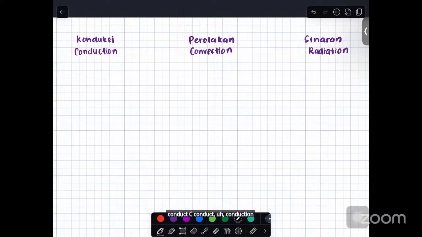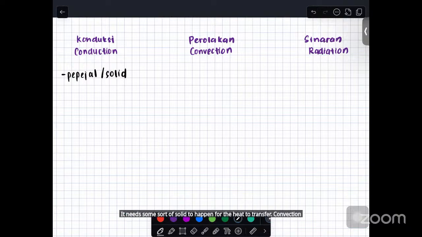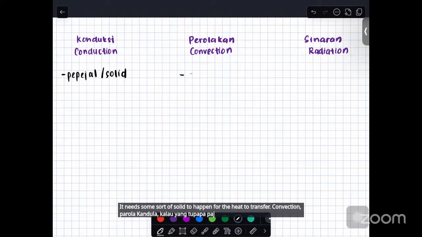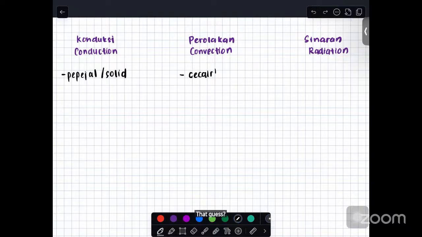Conduction, dia berlaku dalam pepejal, inside solid. Okay, yang ni dia berlaku dalam pepejal. It needs some sort of solid to happen for the heat to transfer. Convection, perolakan pula, kalau yang tu pepejal, this one cecair dan gas. Okay, kalau yang ni solid, this one will be liquid and gas.